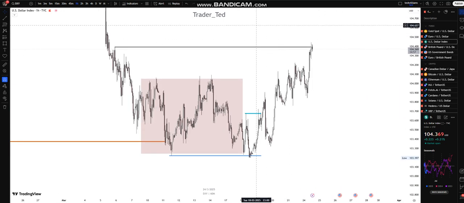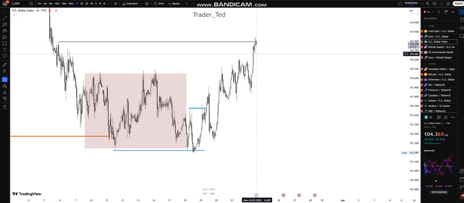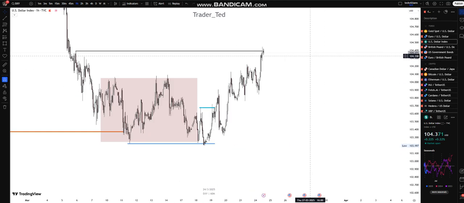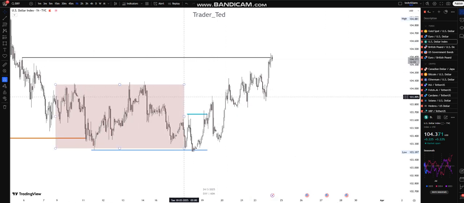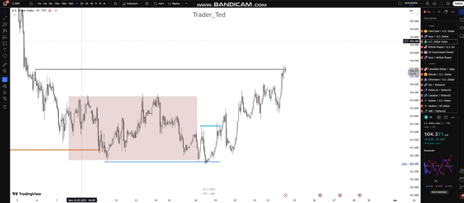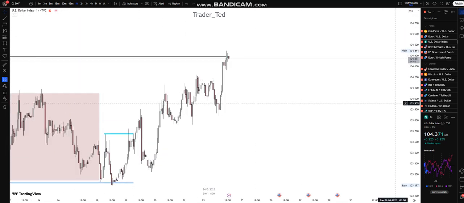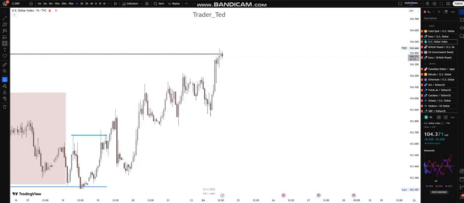If it's going to be a very volatile, large expansion to the downside, we're going to need some sort of significant retracement to the upside, mitigating some of our most significant levels, such as our daily fair value gap. So you can see today, instead of sweeping some of our sell side liquidity before we move up, we went straight up.